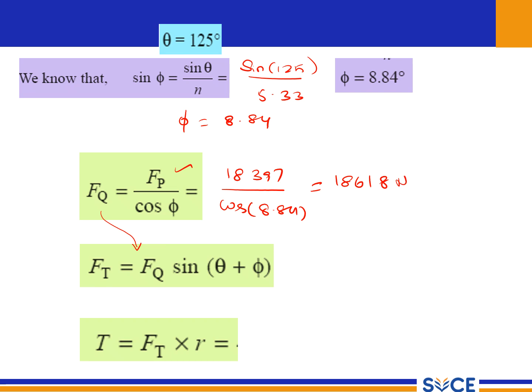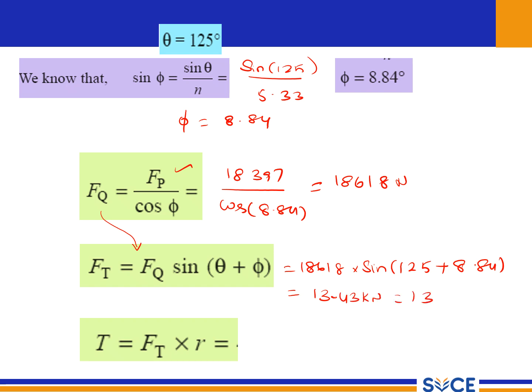18,618 Newton. I am substituting this FQ here, 18,618. Then the known values of theta and phi, 125 plus 8.84. After calculation, I am getting it is 13.43 kilonewton.